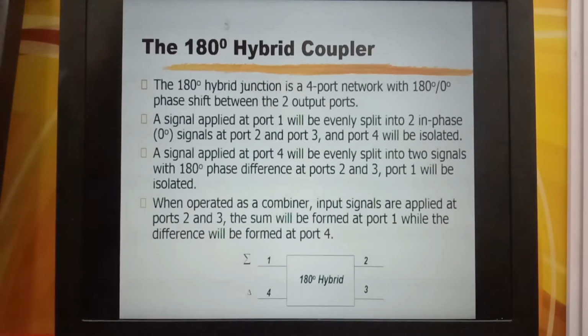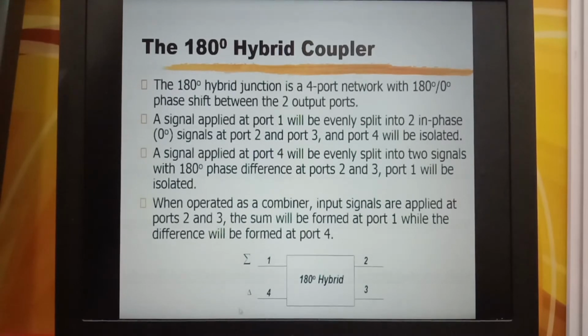Another type of hybrid coupler is the 180-degree hybrid coupler. If we apply a signal to port 1, the output at port 2 and port 3 will have the same magnitude and also the same phase.